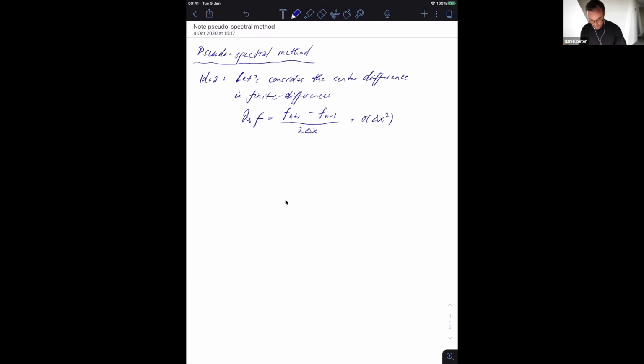And so here, if you want to plot the stencil, we evaluate at point n, and the information that we would need in this case is at n+1 and n-1. So that's the finite difference stencil basically.